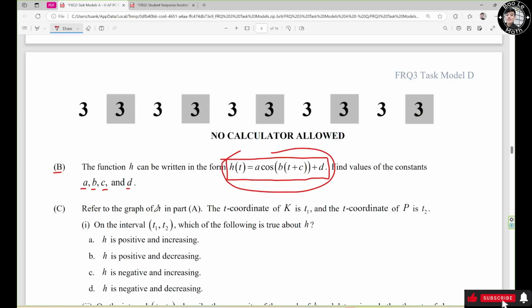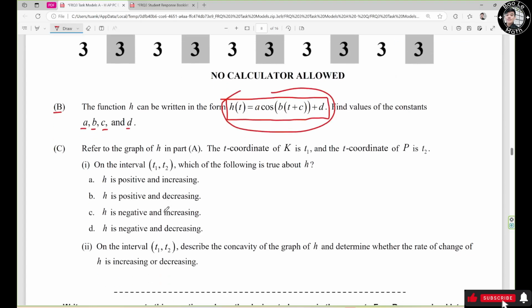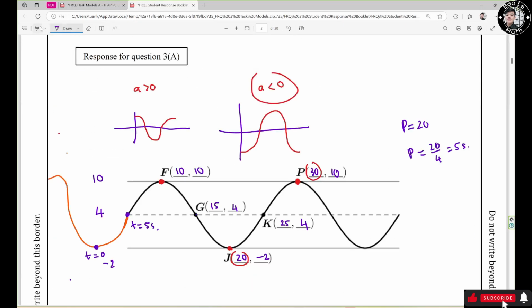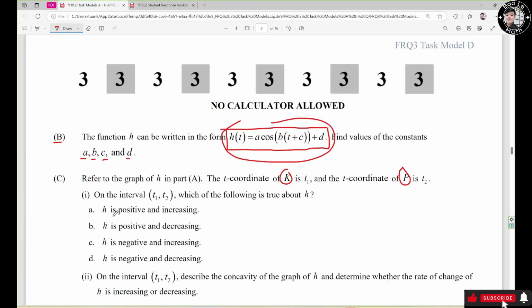Now let's move on to the next question. Alright, similar to the previous one, we look at the coordinate of point K and point P, right? So the graph should be right here, point K and point P. It's going to be right here. We need to identify within this interval, the function is positive or negative, right?